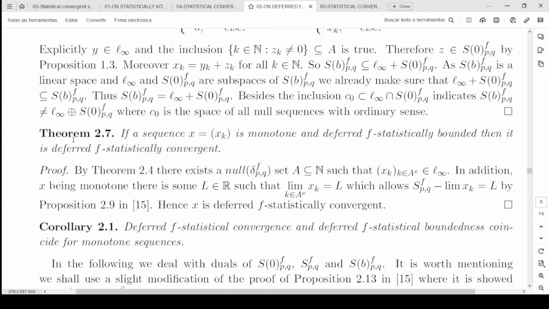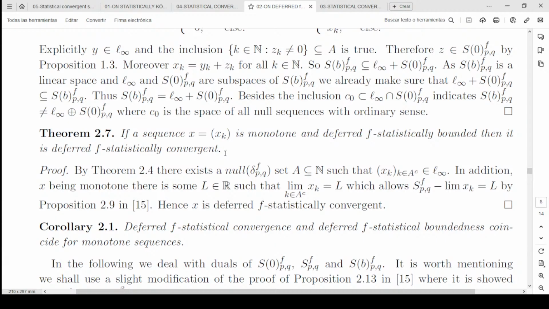In this theorem, we give a Tauberian result about the concept of deferred f statistical convergence and the concept of deferred f statistical boundedness. As we mentioned before, every f deferred statistically convergent sequence is f deferred statistically bounded, but not conversely. But if xk is a monotone sequence and it is deferred f statistically bounded, then it is deferred f statistically convergent.